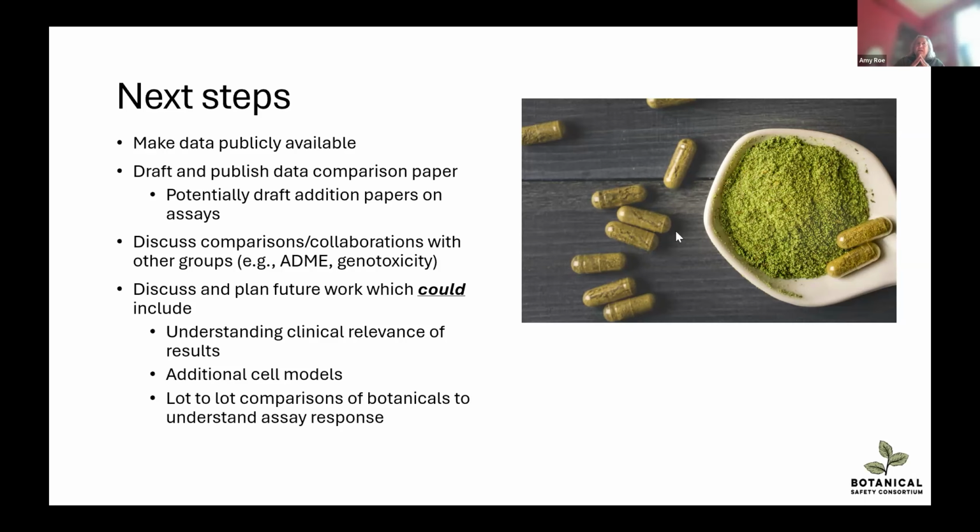And so we've actually reached out to a few groups to understand their gut models and how we could incorporate the gut and the liver, because I think it's really key to understand the two together. And then, as with others, lot to lot comparisons of botanicals to really understand assay responses.